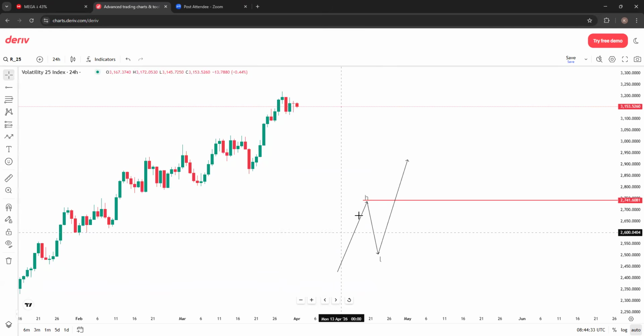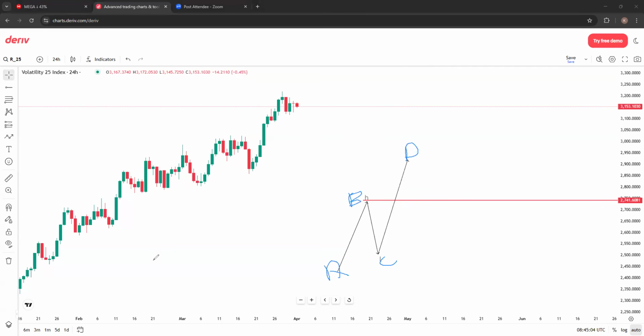Without using the terms highs and lows, this is our A, this is our B, over here this is our C, and the newly made high that is going to be made as a result of breaking this high is going to be our D. Hence, we call it an A, B, C, D move. So this is the only way we can fully confirm that we are in an uptrend.